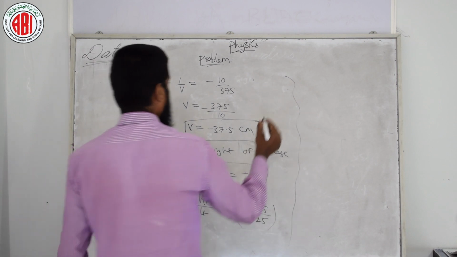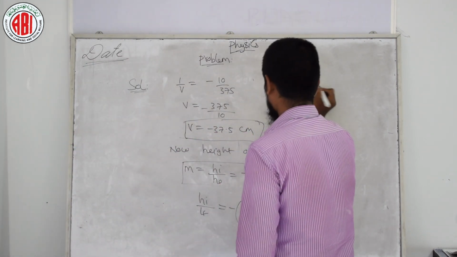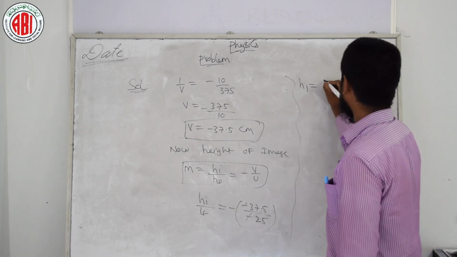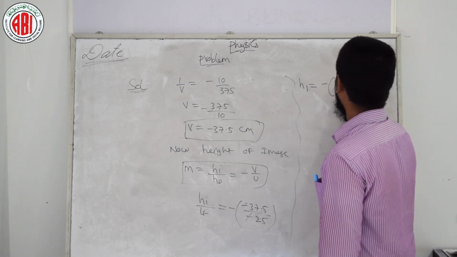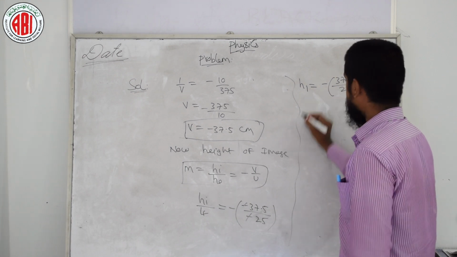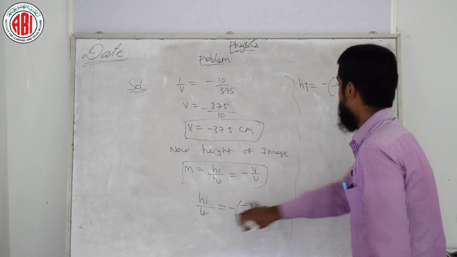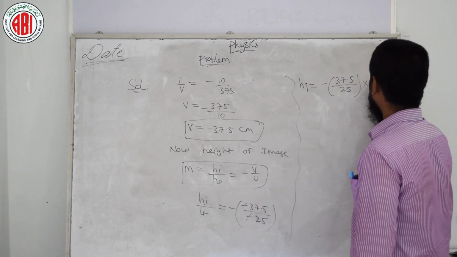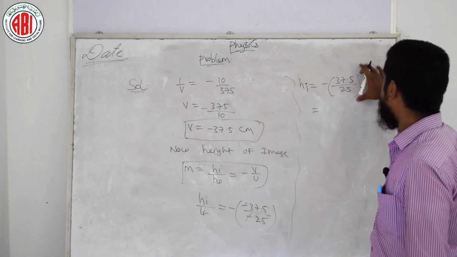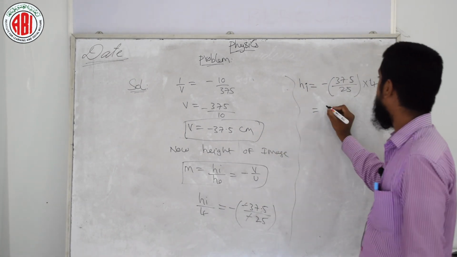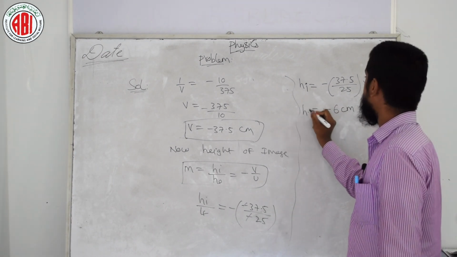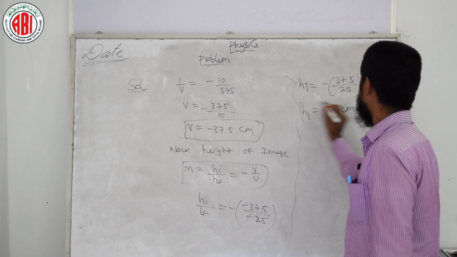Now I am writing HI is equal to, look at the board all of you, minus 37.5 by 25 into 4, cross multiplied by 4. Once we solve this, we will get the answer minus 6. HI is equal to minus 6.